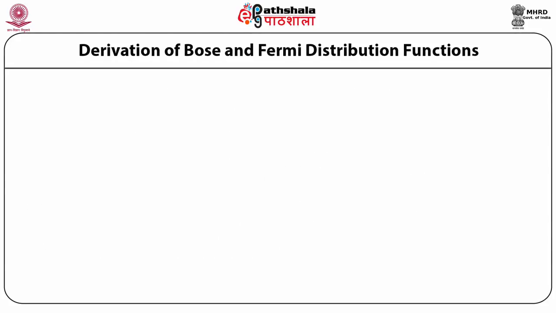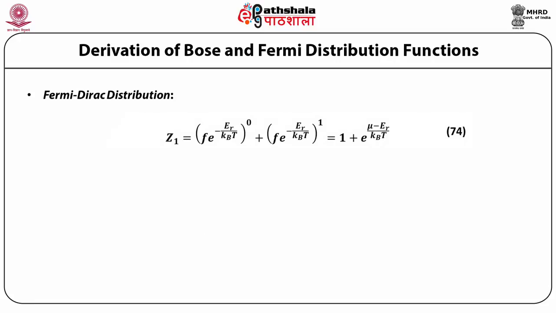Let us look at Fermi-Dirac distribution case, where Z1 can be written as equal to fugacity e raised to power minus er upon kBT whole raised to power 0 plus fugacity multiplied by e raised to power minus er upon kBT whole raised to power 1, which is equal to 1 plus e raised to power mu minus er upon kBT.